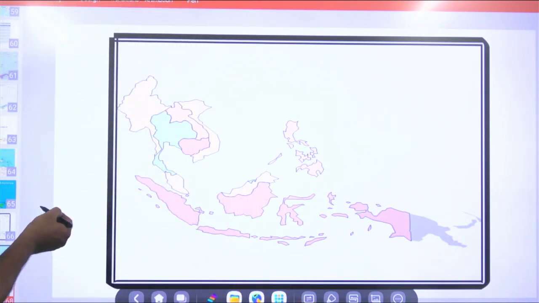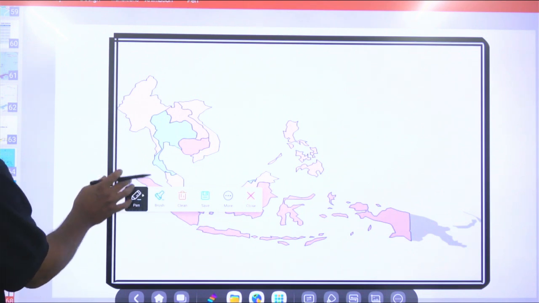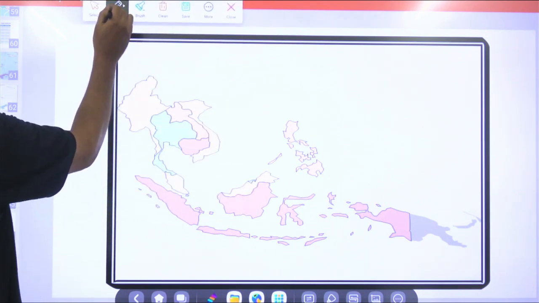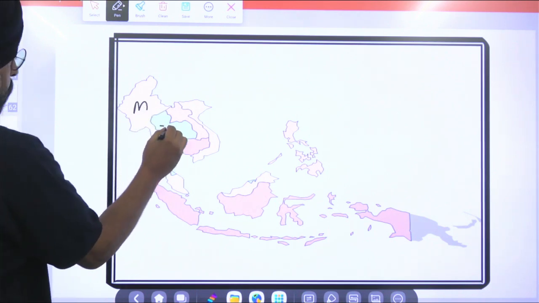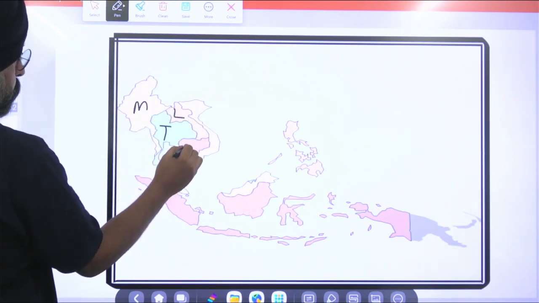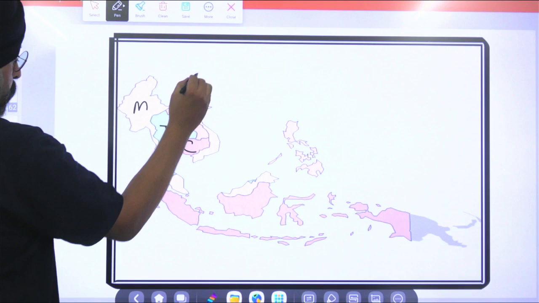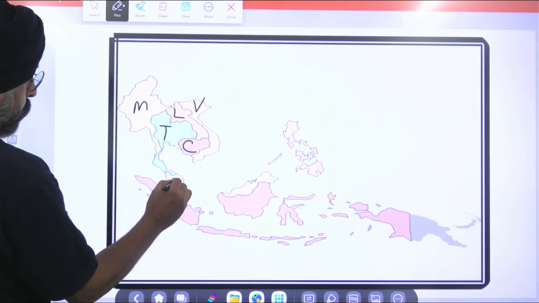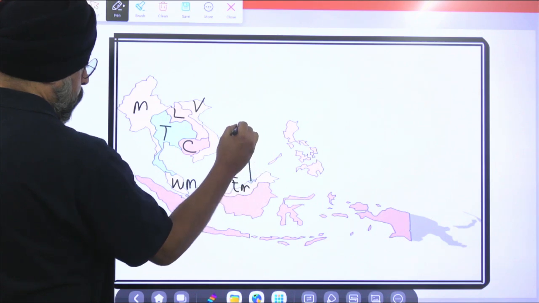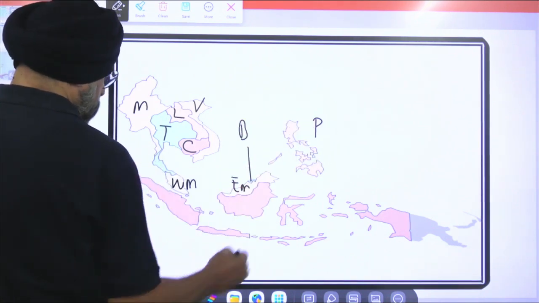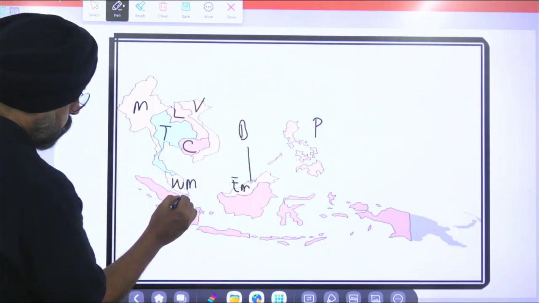Let's name all the countries one by one. This is Myanmar, Thailand, Laos, Cambodia, Vietnam. This is Western Malaysia, Eastern Malaysia, Brunei, Philippines, and that's Singapore.